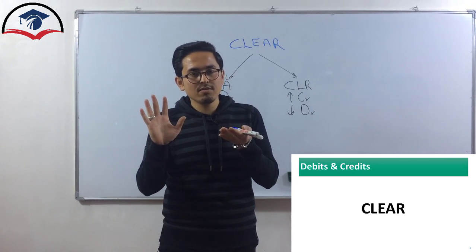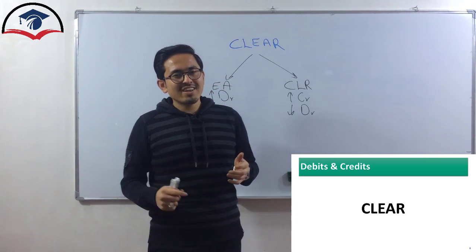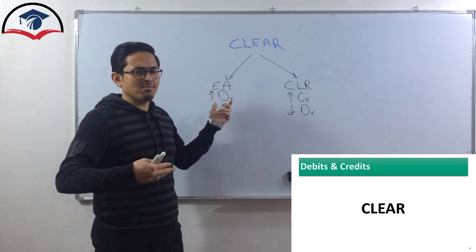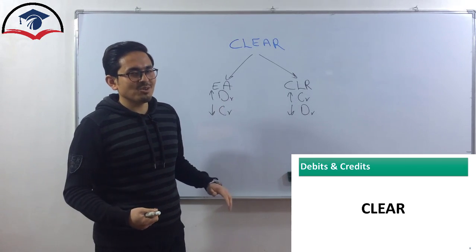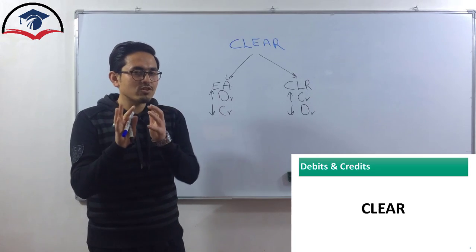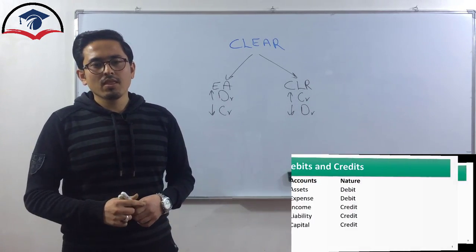Whenever the drawing increases, meaning incurring, it's debit, and when it's decreasing, of course decreasing is not possible, but when it's decreasing, it's credit. The same nature that the expense has. That's clear. Let's continue.